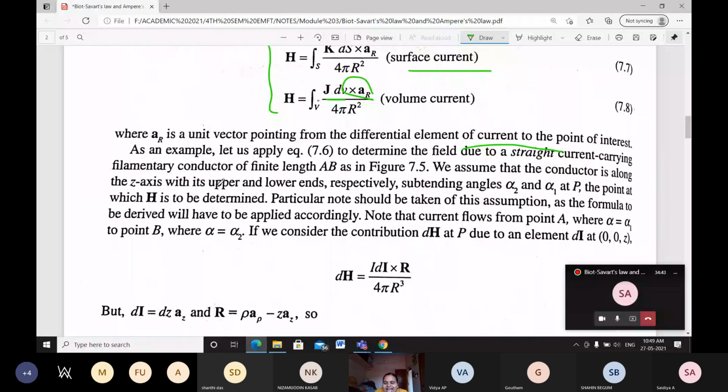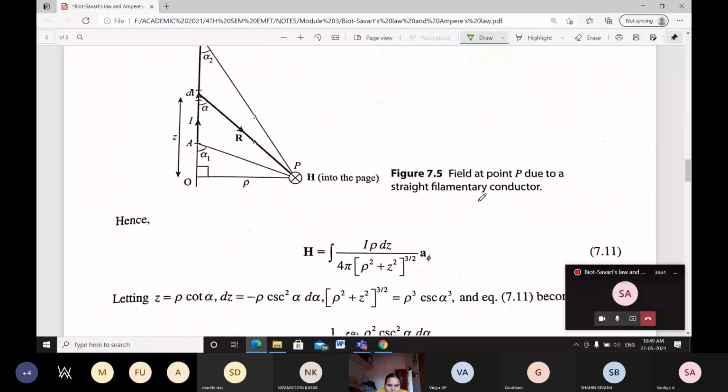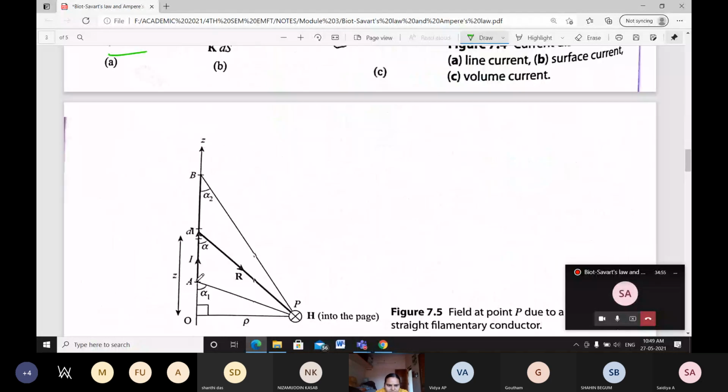Then subtending angles alpha 2 and alpha 1 at P. Observe here, the angle at A is alpha 1, at B it is alpha 2. At the differential element, that is dl, the angle is alpha. Then the current moving is I, and the direction we take is the Z direction.